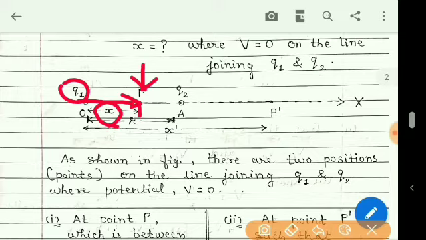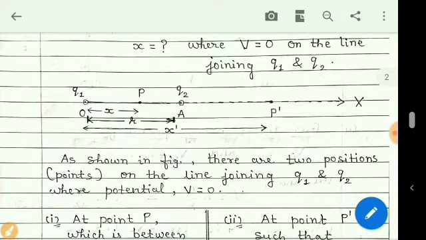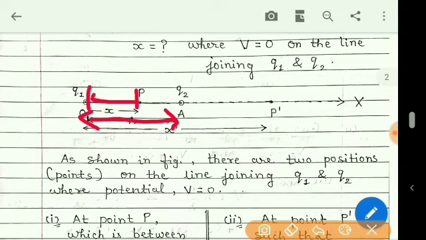Again, this point P is this much distance away from charge Q2, and this distance is r minus x.